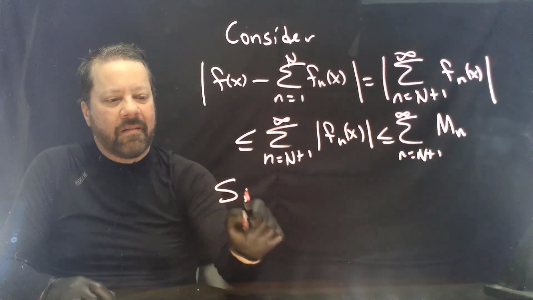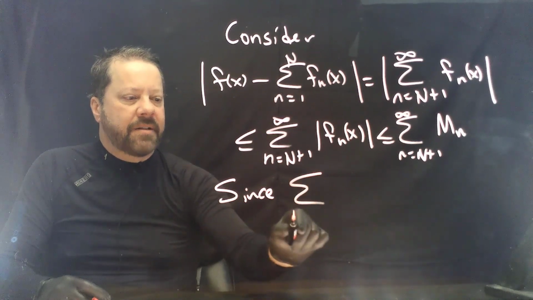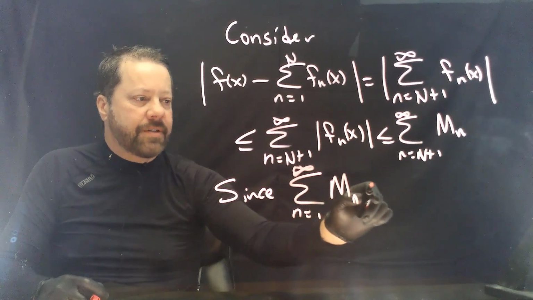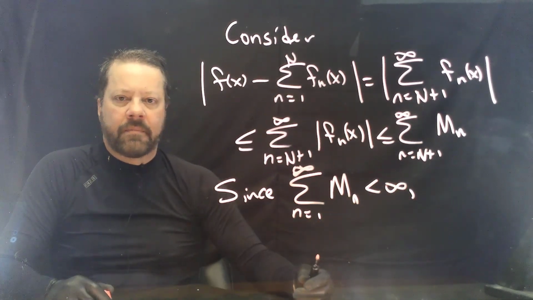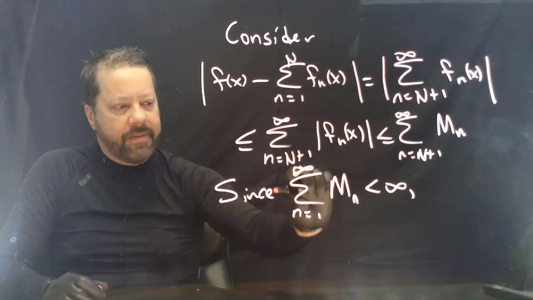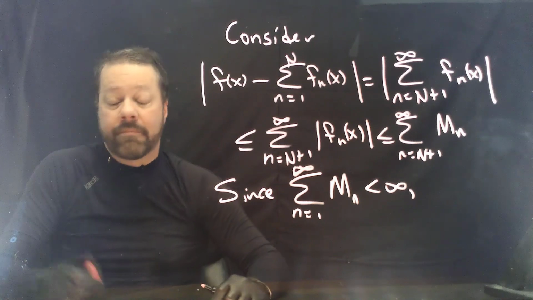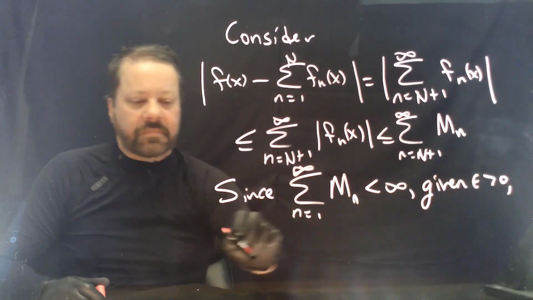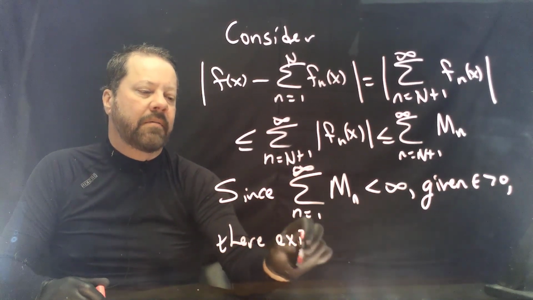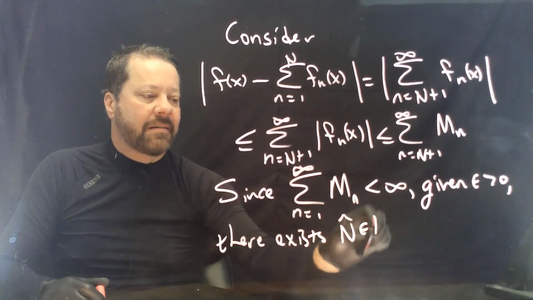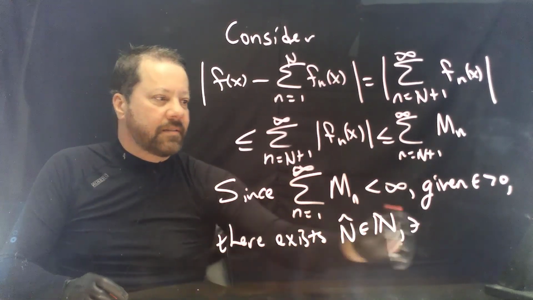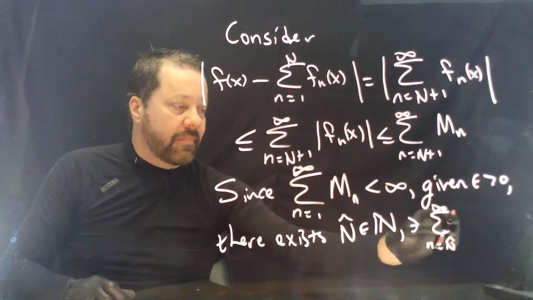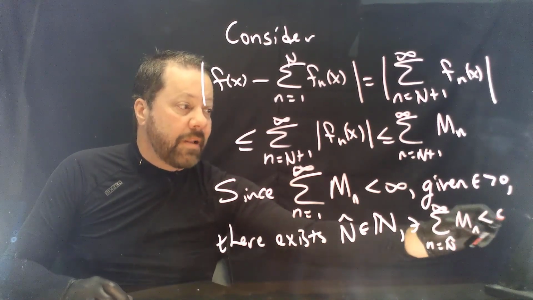Now, since the sum of all of the Mn's converges, and these are positive terms, the tail end of the sum has to get as small as you wish, so that given any epsilon greater than 0, there exists some N hat in the set of natural numbers such that the sum, as n goes from N hat to infinity, of the Mn's will be smaller than epsilon.